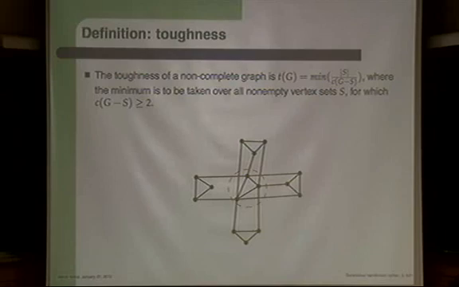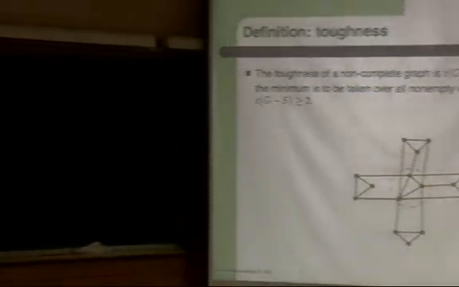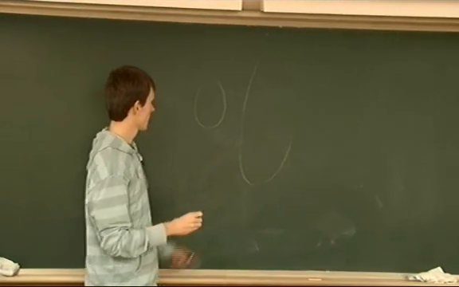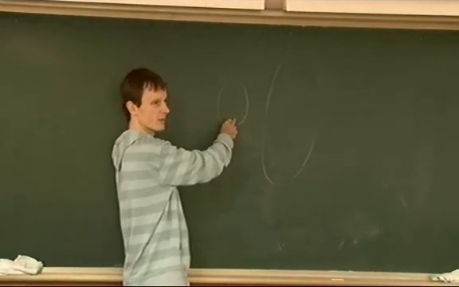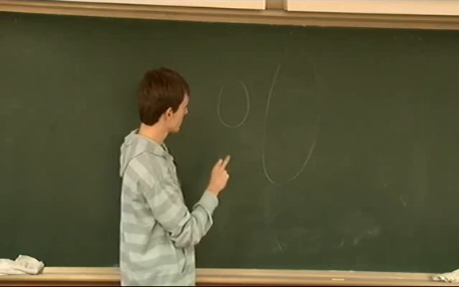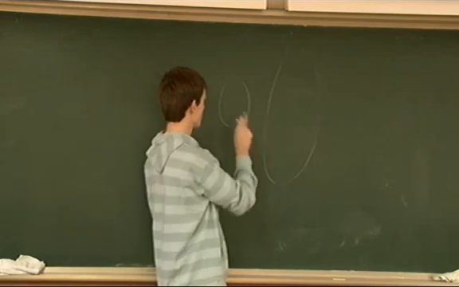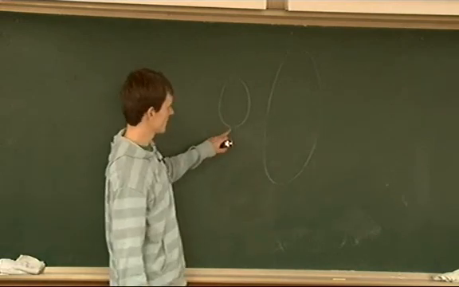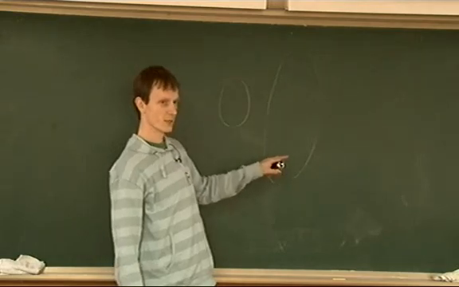And the opposite implication doesn't hold, because if the graph is really highly connected, the toughness can still be arbitrarily small. Example of such graphs is a complete bipartite graph. If you take one part and the second one is much bigger, then the connectivity of this graph will be the size of the smaller set, but the toughness will be the size of this set divided by the size of the larger one.